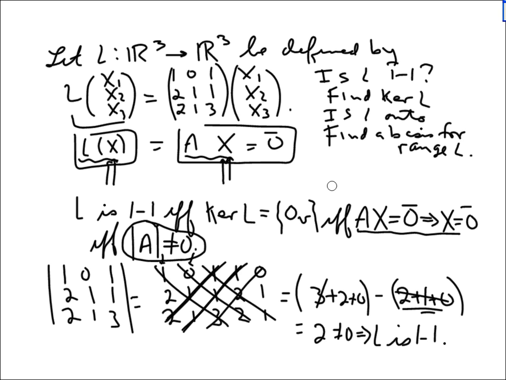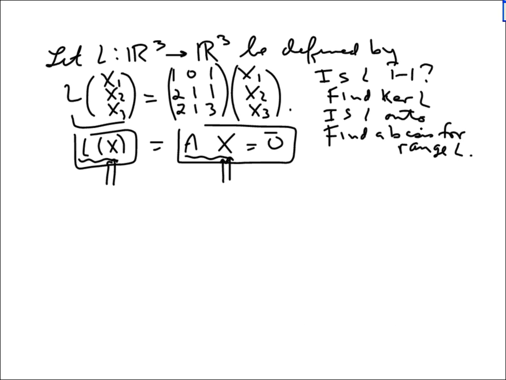Okay, so that one is done. Okay, is L 1-to-1? Yes. Well, if L is 1-to-1, the kernel of L just contains the zero vector.